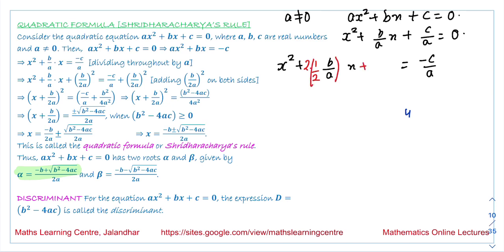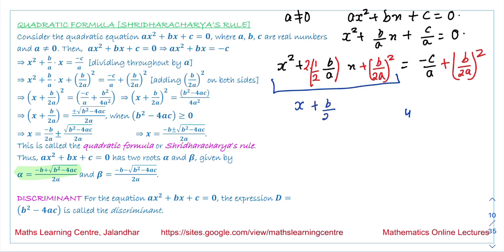We are multiplying and dividing this term with 2. Now we have this term over here, so we are writing (b by 2a) whole square, and we are adding it on this side and on this side. This whole term will become (x plus b by 2a) whole square, which is equal to, when we solve this term, c by a plus b square by 4a square.